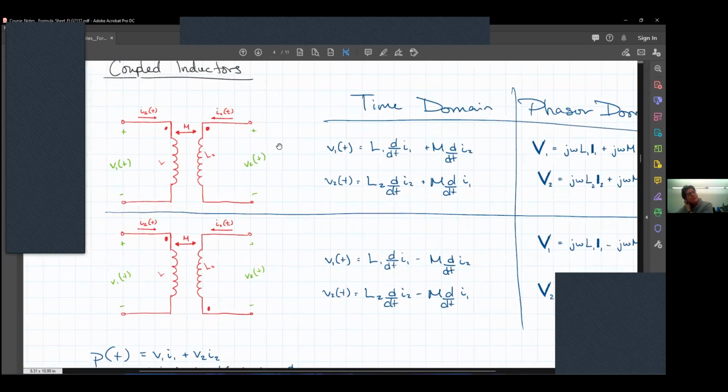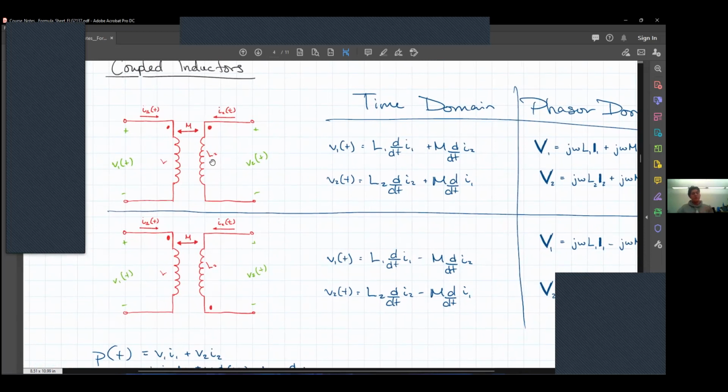But basically, the idea is if you put two inductors and you couple them together, in reality, an inductor can be represented as a coil of wire around a magnetic rod. And in this scenario, you have two coils of wire coiled around the same magnetic rod. So you have two inductors that are not touching, or at least not conductive to each other, but they have the same magnetic core.